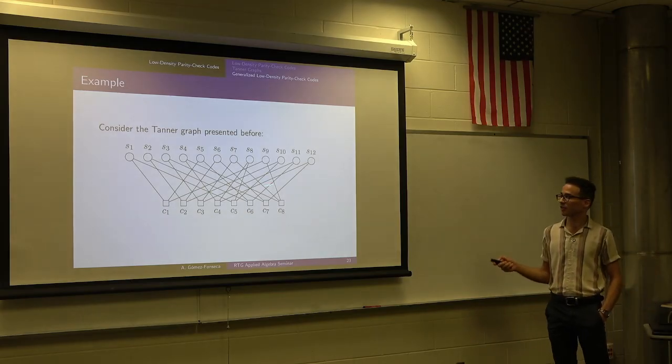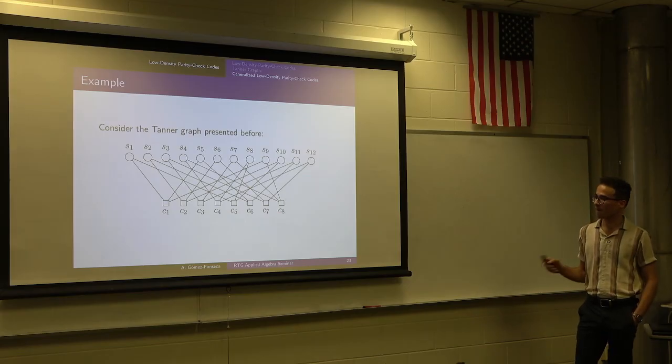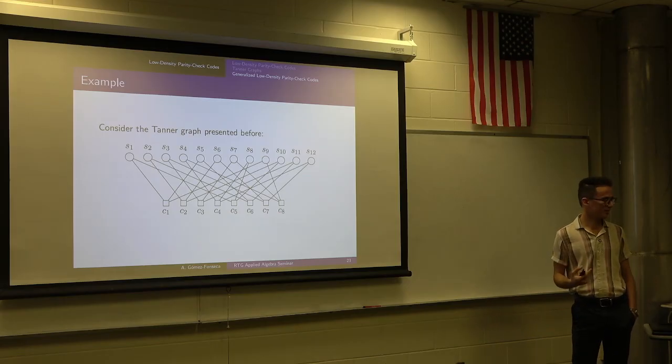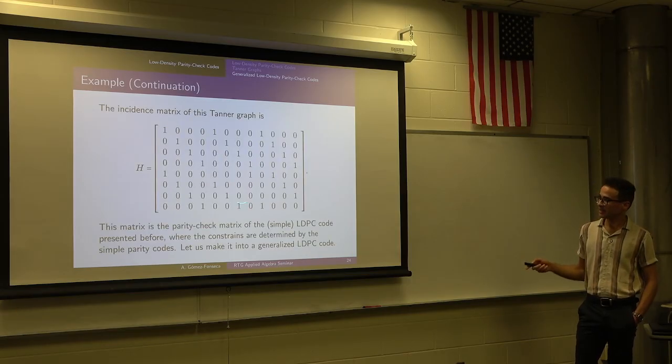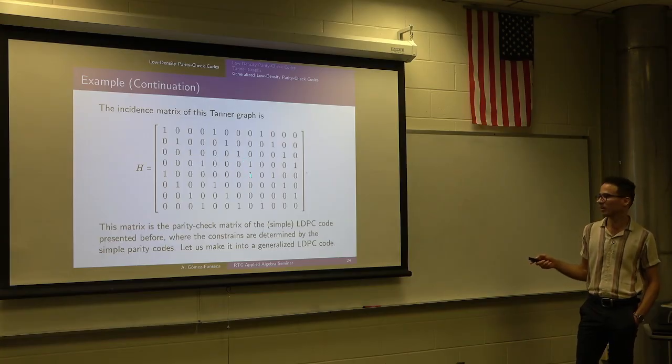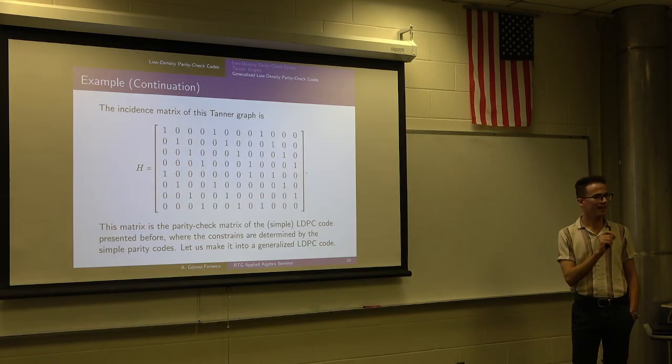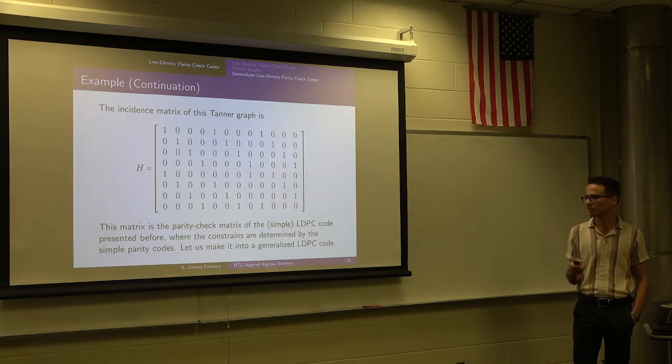So this is the Tanner graph that I presented before, but now we're going to generalize this LDPC code. This incidence matrix was the parity check matrix of the simple LDPC code, but now I want to choose a different linear code for each one of these rows.